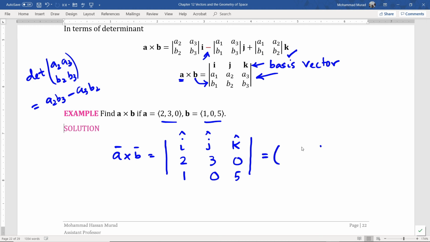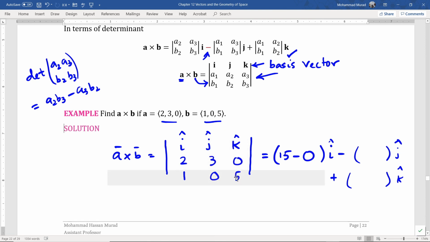So we have it like this. The first component is 3 times 5, 15, minus 0 times 0. And we have the second component, 2 times 5 minus 0 times 1.